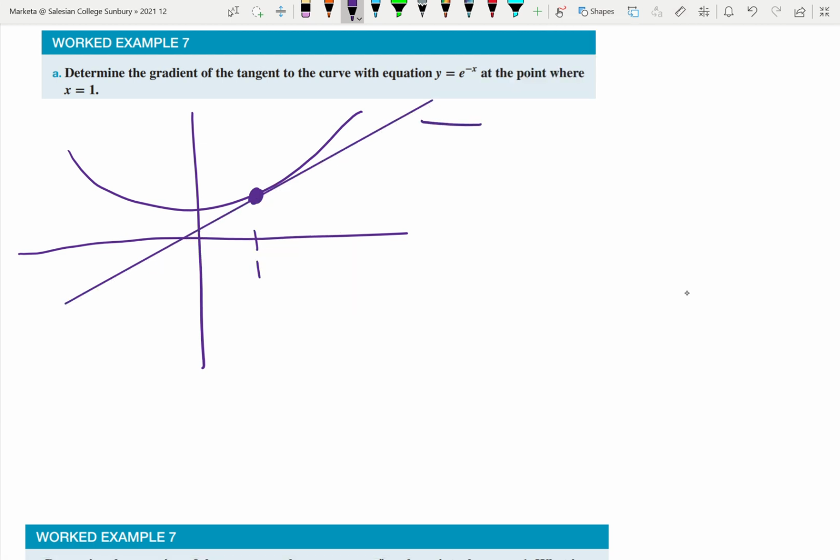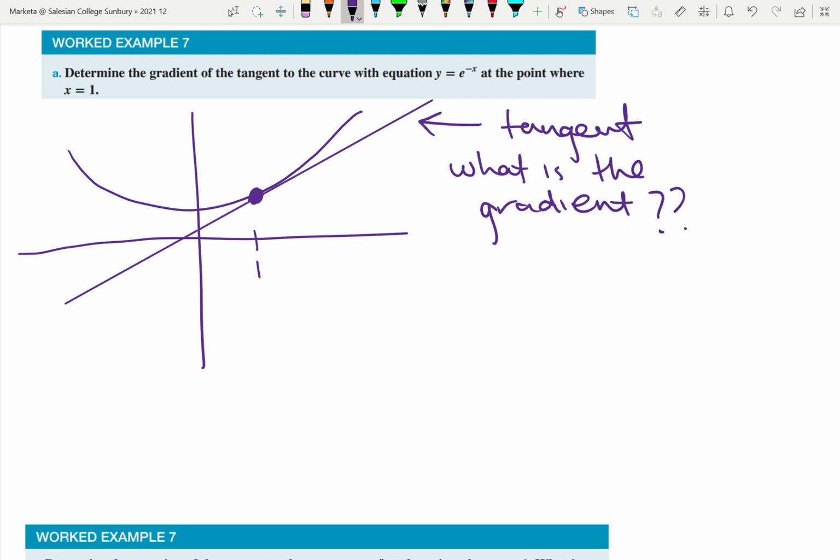So this is the tangent to the curve at the point where x equals 1, and what we want to know is what is the gradient. And again, I stress that this curve that looks more like a parabola, it doesn't look like that. It's just representative of a curve and the tangent which is to the curve at the point where x equals 1. So we're looking for the gradient, so we're going to need a gradient function. So step 1, gradient function.